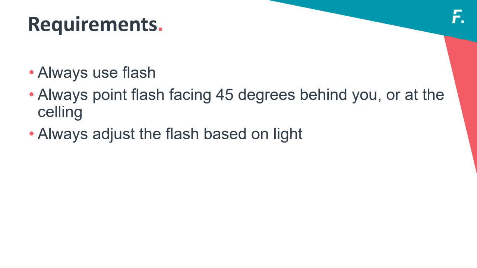And especially on sunnier days, you're going to want to boost your Flash. The reason for that is because sun is quite harsh, so when it's coming in through the windows, you're going to get really harsh light, and then you're going to need to compensate for those shadows by boosting the Flash.